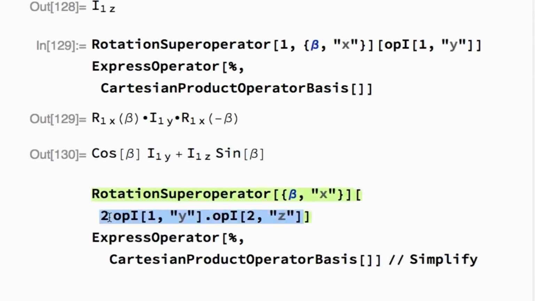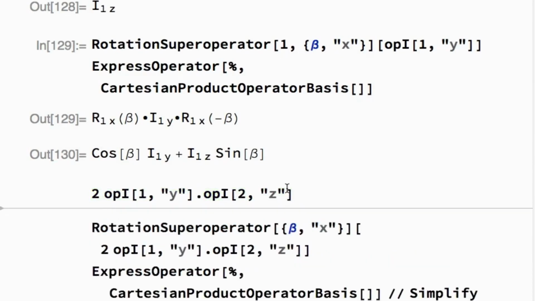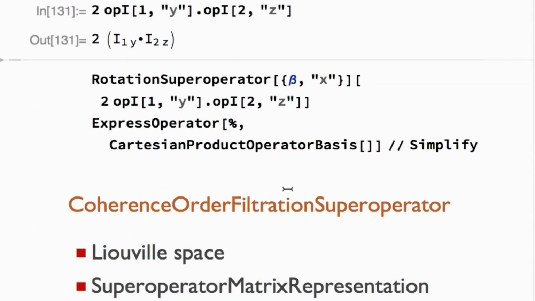Let's just write that out first. So we have a product operator 2I1y I2z, and now we rotate that by beta around the x-axis.